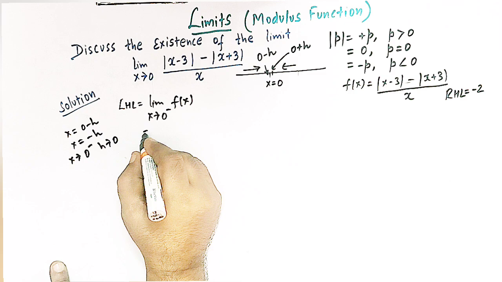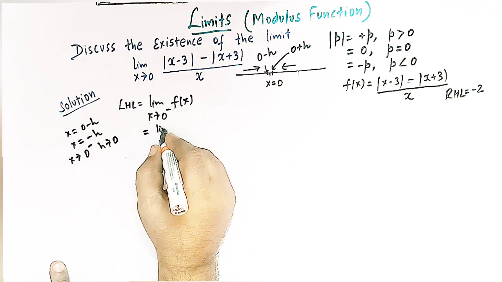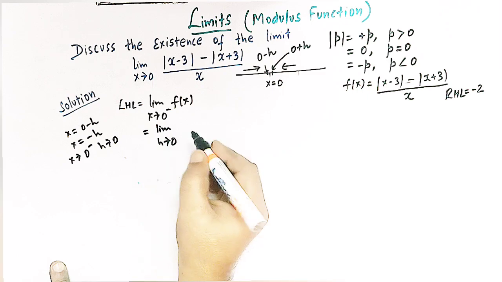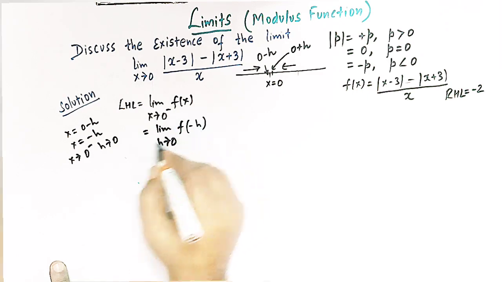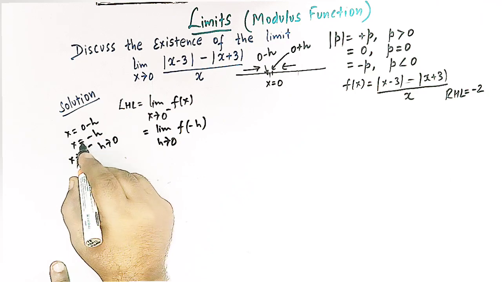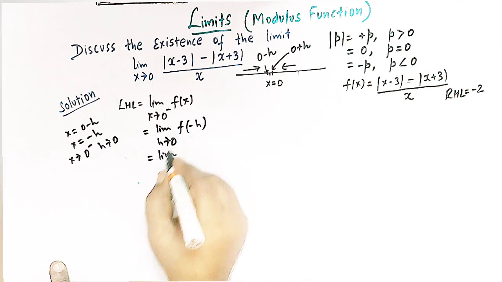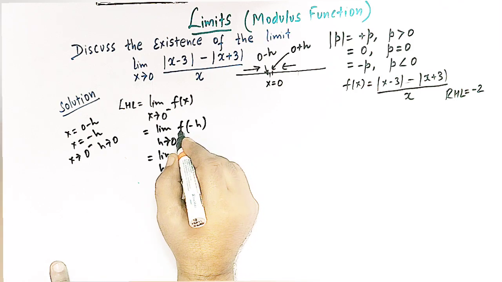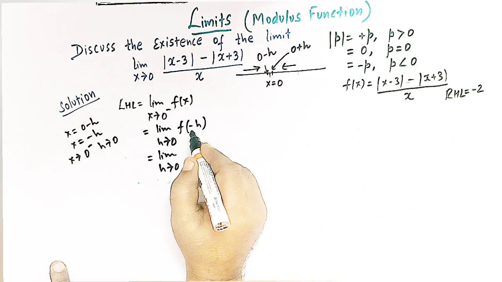So when x approaches 0 from the left of x is equal to 0, then h tends to 0. So now we can write this limit in terms of h. So we have limit h tends to 0, and here we have f of minus h, because x is equal to 0 minus h, that is x is equal to minus h. So now we can write the value of f of minus h by replacing this x by minus h.